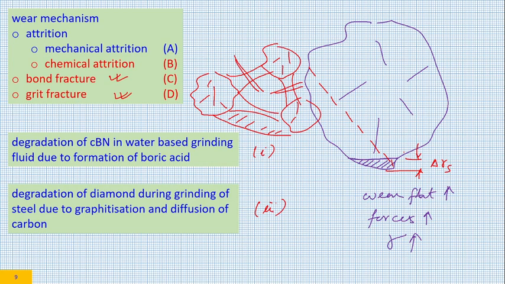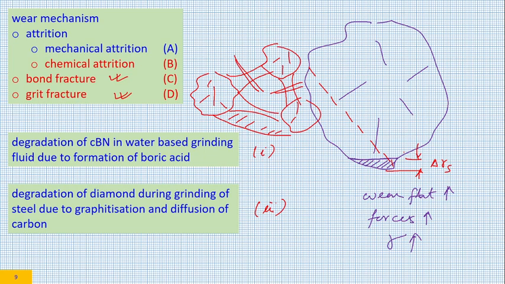Degradation of diamond grit during grinding of steel. If you try to grind steel with diamond grits, there would be graphitization because of extreme temperature and pressure at the grinding zone. Once graphitization takes place, these graphitized carbon will diffuse from the diamond grits to the workpiece. By this process, there would be some amount of wheel wear.